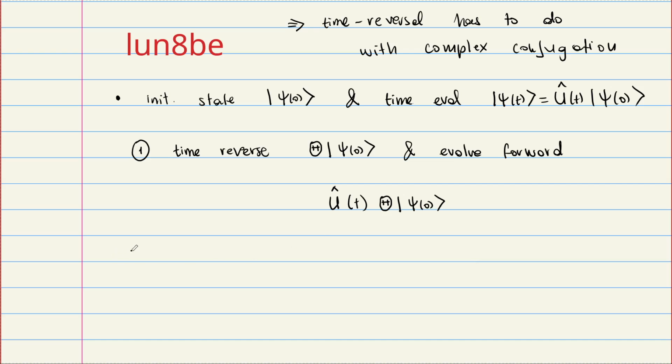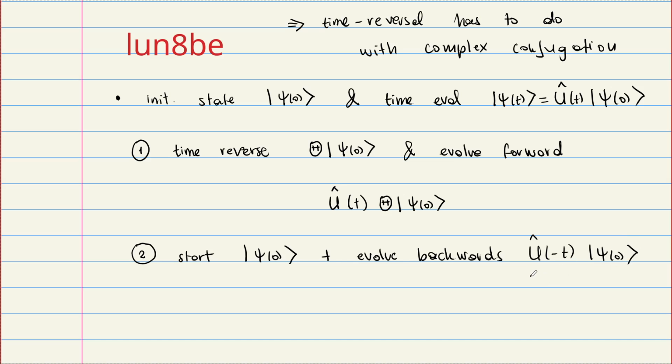And there's an alternative way, the second way. I can start with psi 0, and I can evolve backwards, right? Since I have the time evolution operator, I can run it forward or backward. How do I do it? So evolve backwards by just minus t, U of minus t hitting on here.